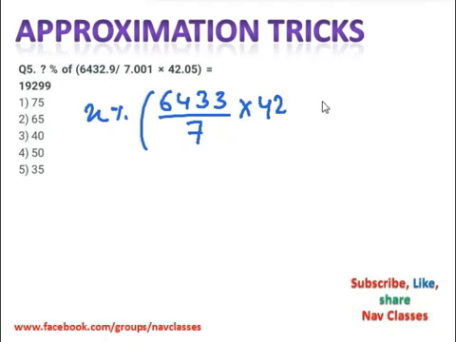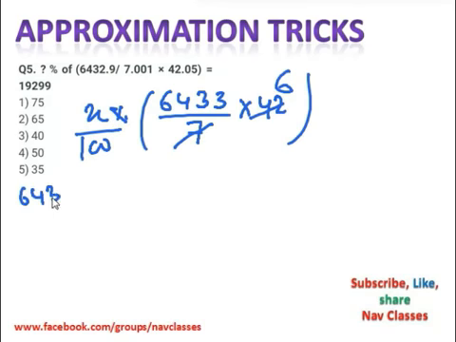Multiplied by 42.05, we can write 42. It will be cancelled in the 7 table 6 times. So we have to multiply it with 6 and see, this is percent. So if we want to cancel this percent, that would come x divided by 100. Okay, so let's multiply this 6433 multiplied by 6.